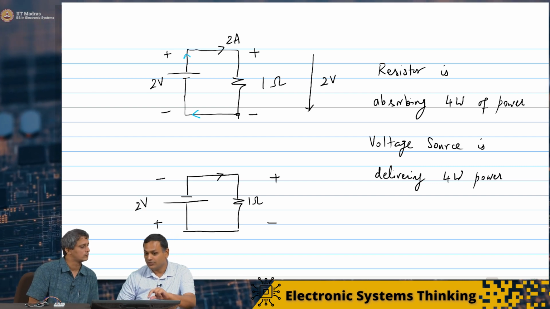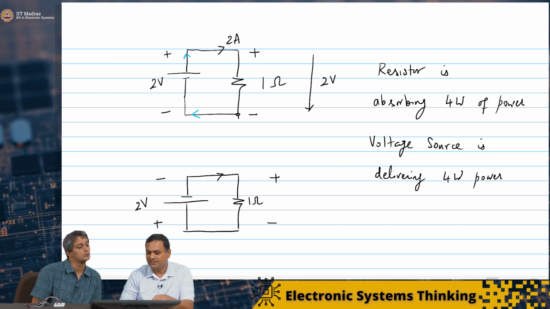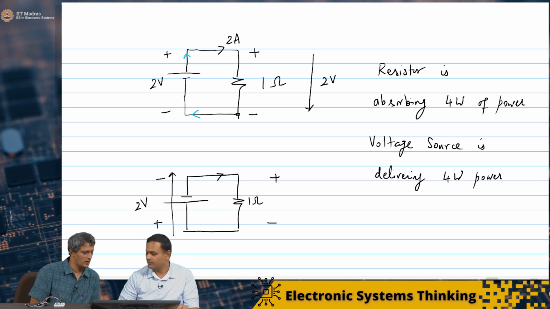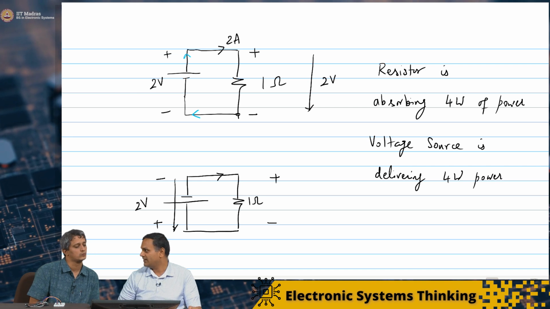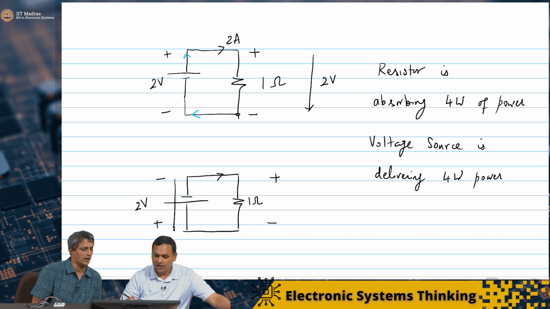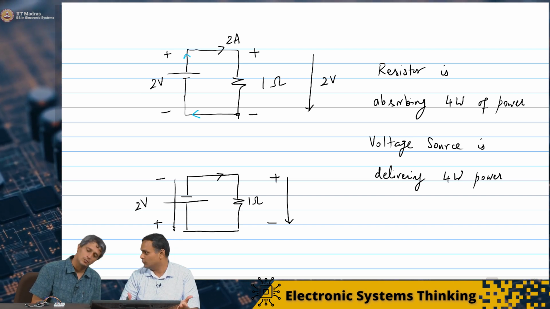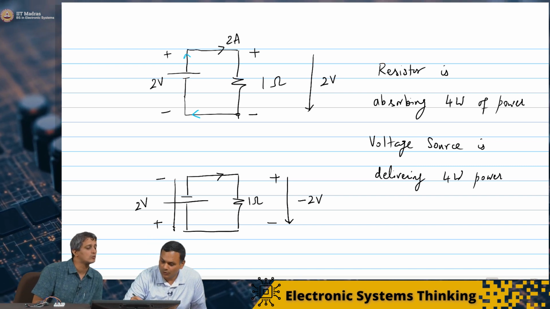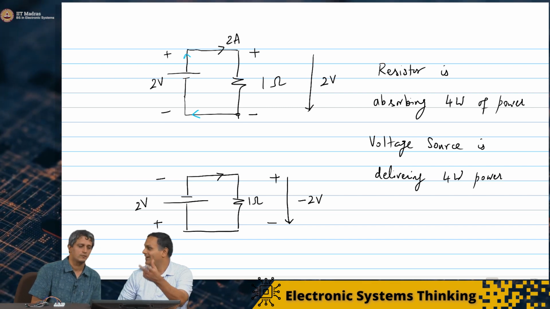If the potential drop from here to here through the battery is 2 volts, the potential increase is 2 volts in this direction. So across this, you could say that the potential drop is minus 2 volts. If the potential drop in one way is 2 volts, it is minus 2 volts in the other direction.